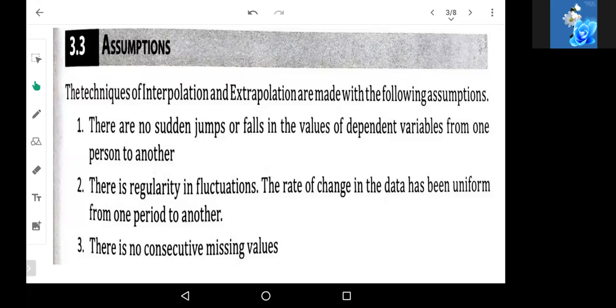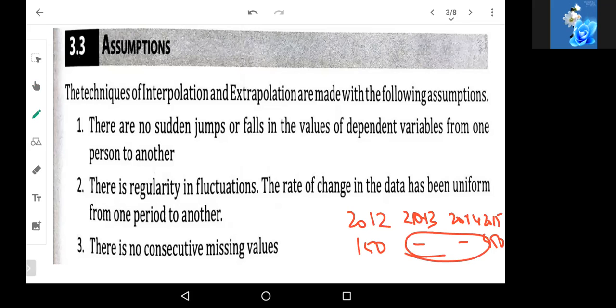And there is no consecutive missing values. This is important to understand. Consecutive missing values means, let us say 2012, 2013, 2014, 2015. Now let's say 150 is the number, and there is one value missing here. Again there is a missing one, and again they have given us 450. Two consecutive missing values cannot be given to you.